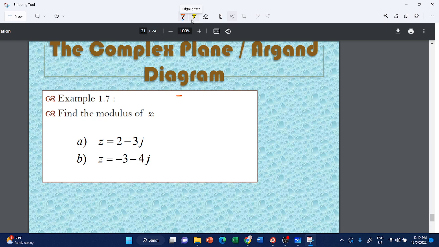So modulus of Z, maksud dia sini modulus of Z. So this kinds of straight brackets here means modulus of Z. That means sama maksud dengan cari R.